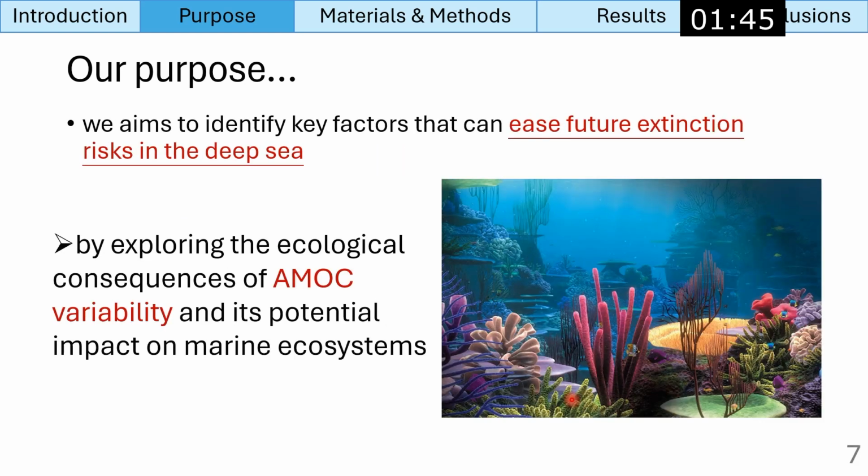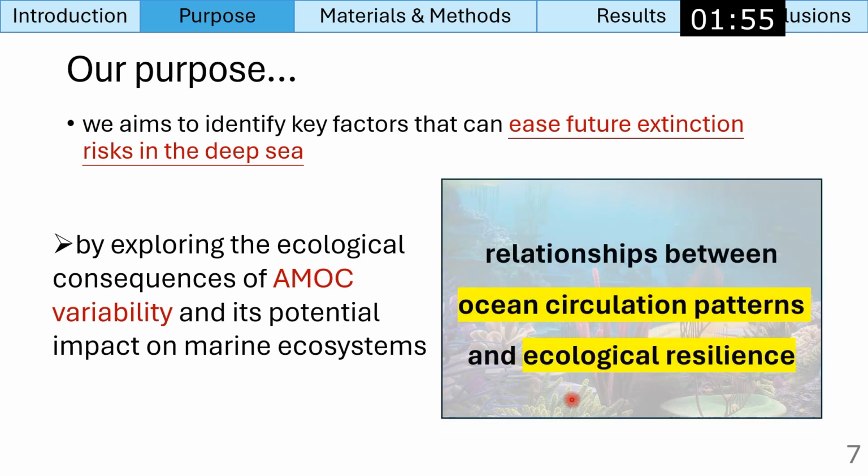So by exploring the ecological consequences of AMOC variability and its potential impact on marine ecosystems, we aim to find out the relationship between ocean circulation patterns and ecological resilience.